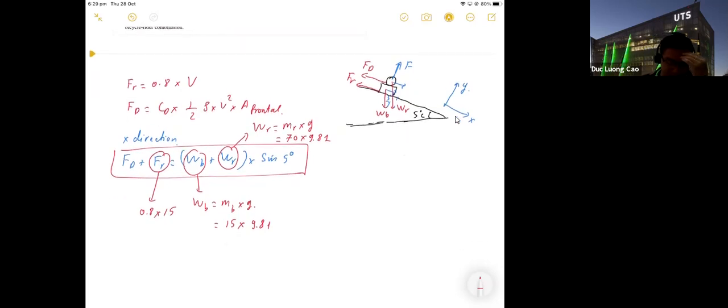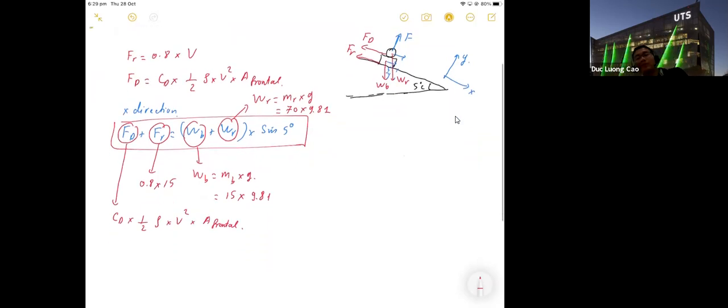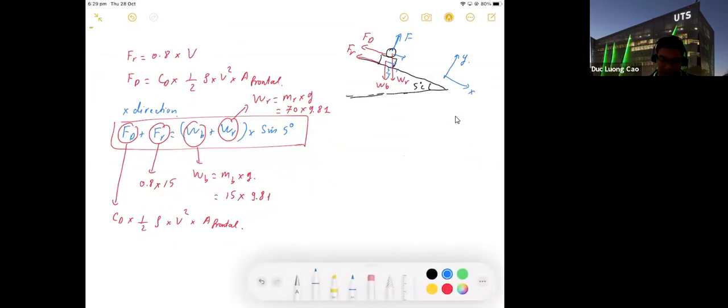Okay, FD is a drag force. Drag force equal to CD times 1/2 rho V squared times A frontal area. Frontal because this one is not a thin body. Okay.